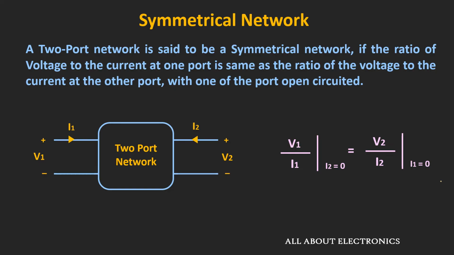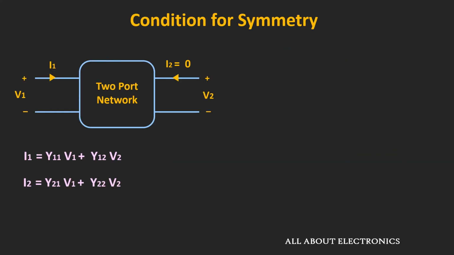So now let us find the condition for symmetry in terms of the Y parameters. For that, first of all, let us find the ratio of V1 and I1. While finding this ratio, we will assume that the current I2 is equal to 0. So from the second expression, we can write 0 is equal to Y21 times V1 plus Y22 times V2. Now here, as we are interested in finding the ratio of V1 and I1, we will find the expression of V2 in terms of V1.